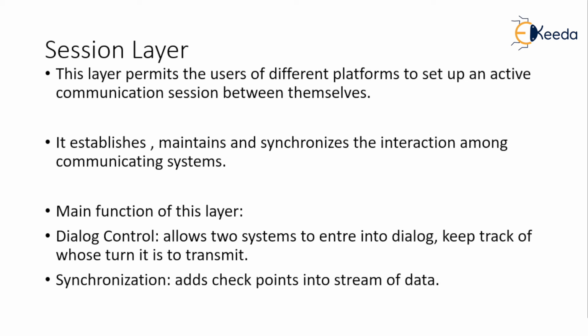What is dialog control? Dialog control is nothing but it allows two systems to enter into a dialogue wherein they keep track of whose turn it is now to transmit the data. And the second one is synchronization, which adds checkpoints into a stream of data.